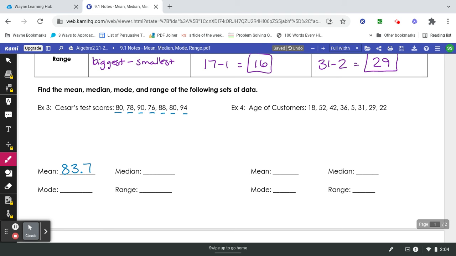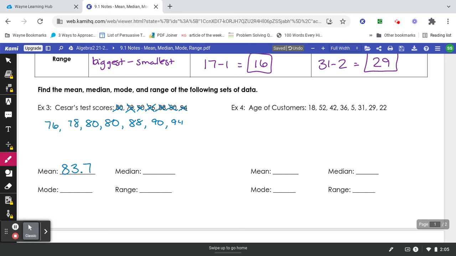The median does require us to put these in order, and if you notice, these are not in order right now. So let's make sure we rewrite it. Our smallest number would be 76, followed by 78, followed by 80, which shows up twice, then 88, 90, and finally 94.